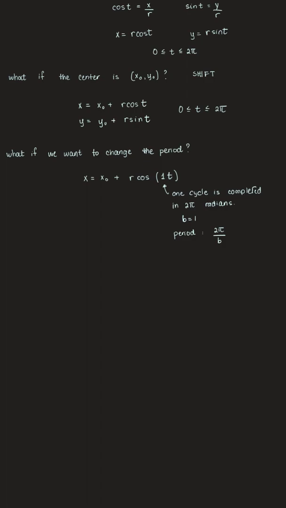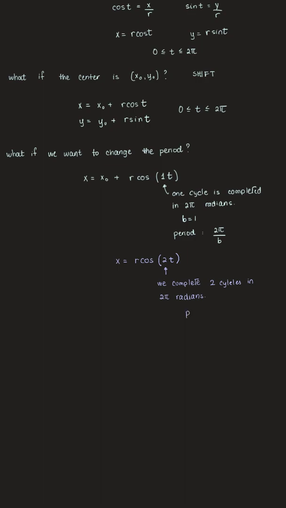Let's imagine that we have x equals r cosine 2t. I've changed b from 1 to 2. What does that number 2 mean? That means that we complete 2 full cycles of cosine in 2 pi radians.